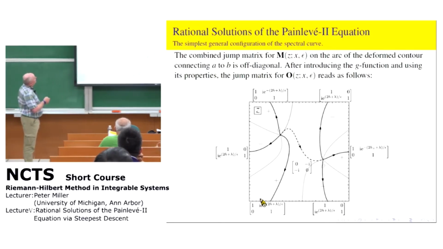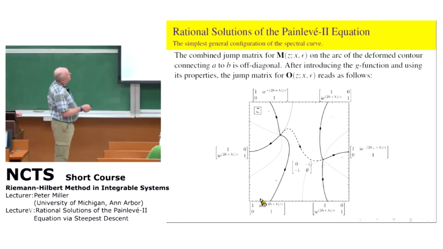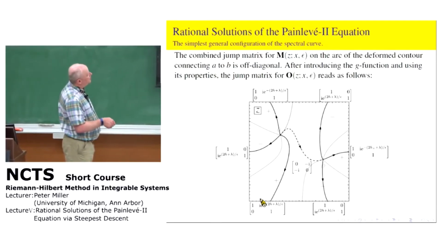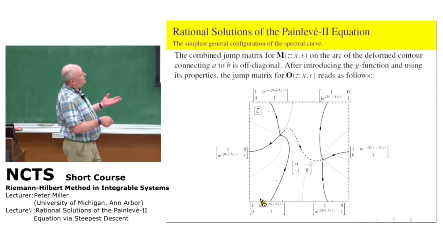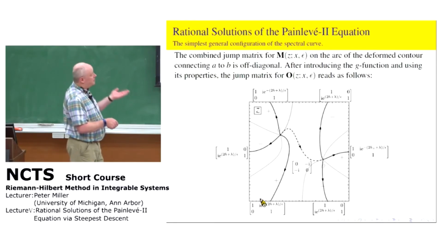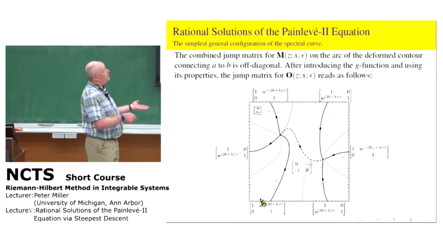So anyway, we've introduced the g function. These are the jump conditions for this matrix O at this point. And as we said, the g function has done its job for us because we have exponential decay, except right in the neighborhood of these points. And there's also a constant jump along this curve here. So if I take the limit epsilon to 0 pointwise on the jump contour, all I'm going to see is this.